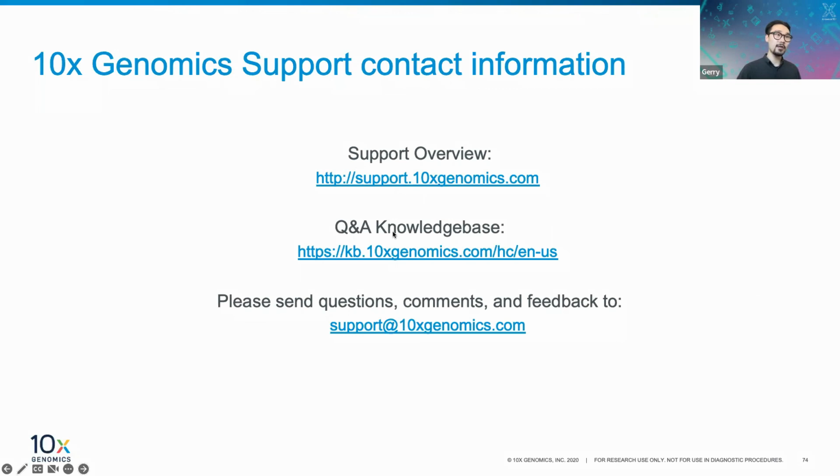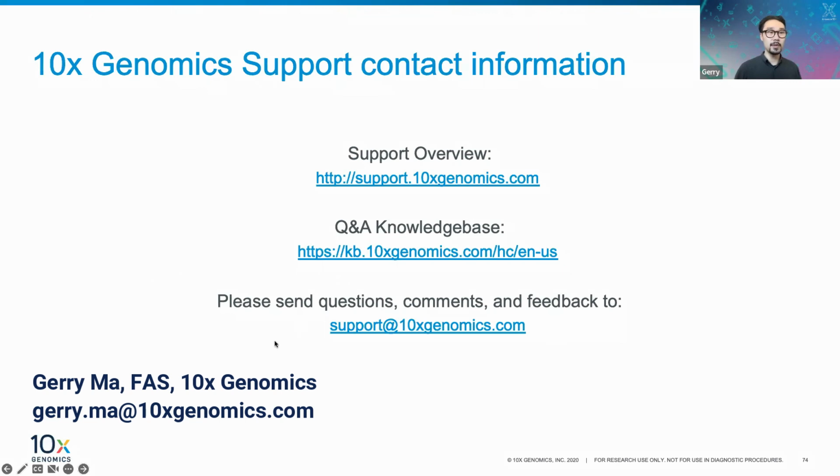We also have a Q&A knowledge base where we've published a bunch of articles describing specific questions that people have sent in. So, FAQs. You can take a look at that if you have any specific questions about, for example, specific sample types or specific assays. And of course, you can always email support@10xgenomics.com as well, or email me.